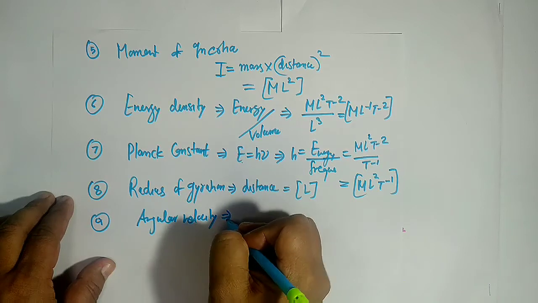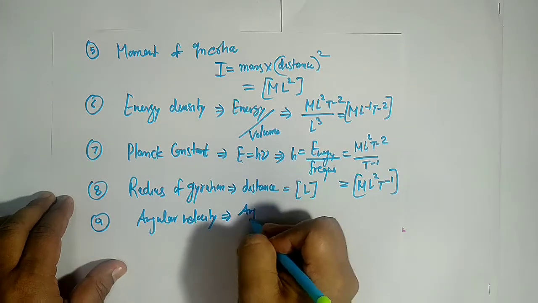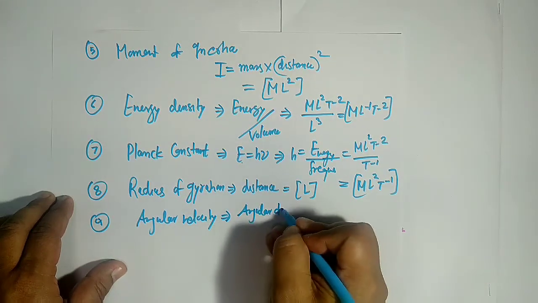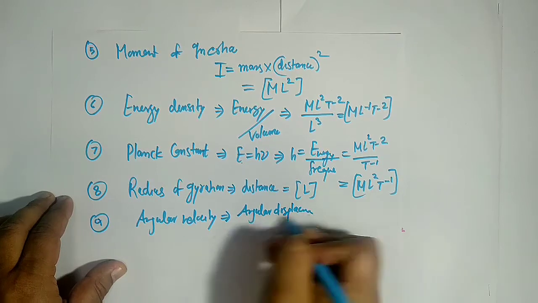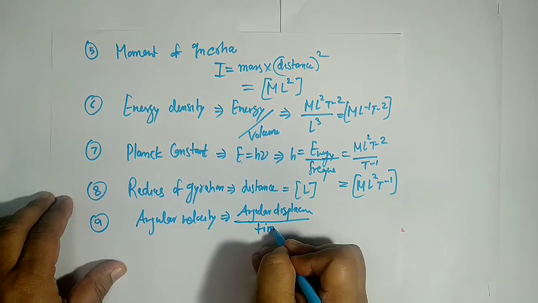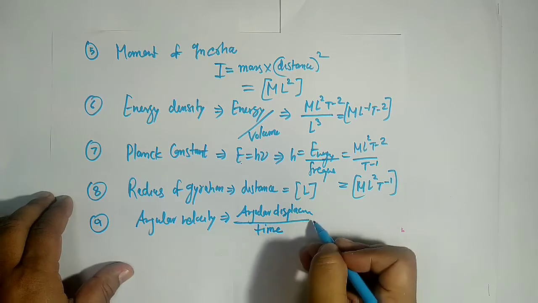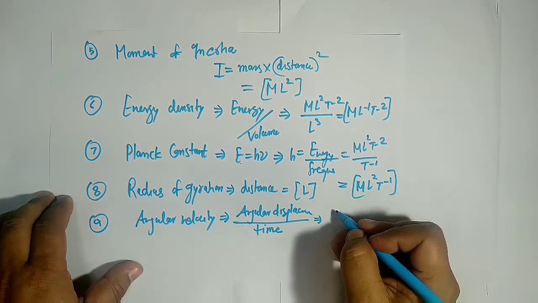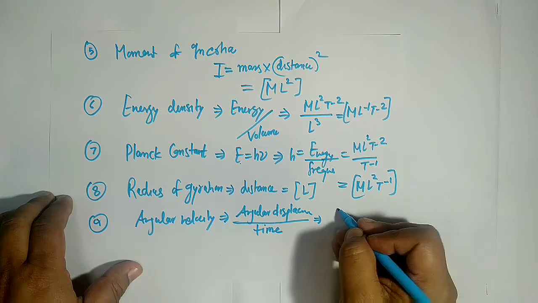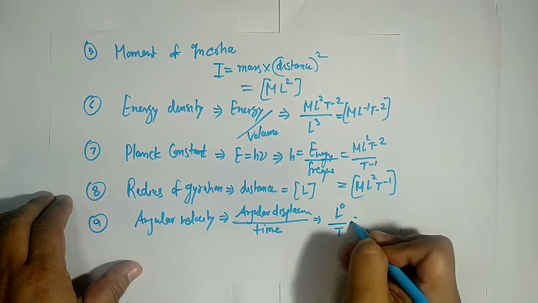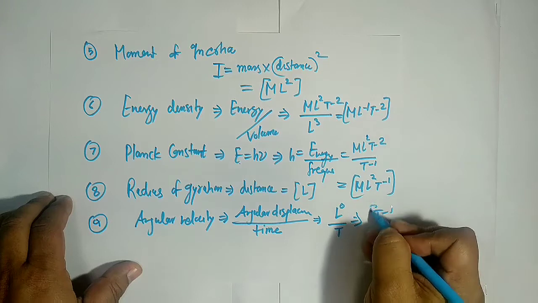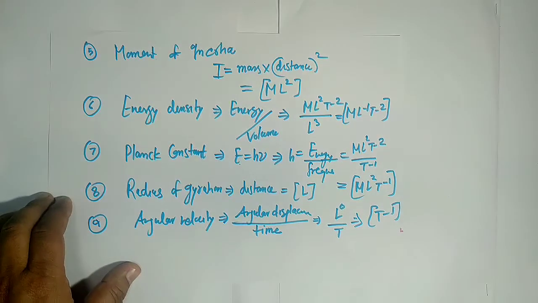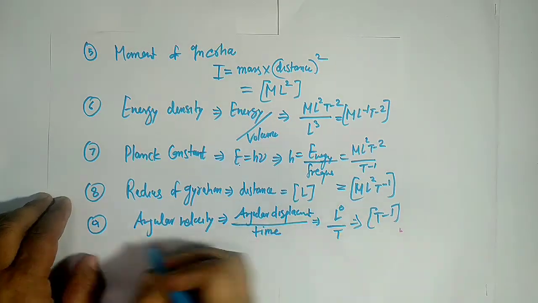Angular velocity is angular displacement upon time. You know velocity is the rate of change of displacement, here angular displacement upon time. Angular displacement is theta, so it has no dimension. It is L^0 T, so it will be simply T^-1. So remember that angular displacement means angle.